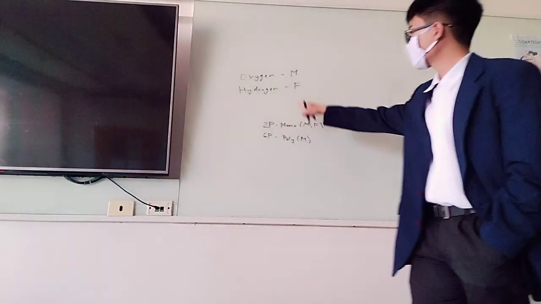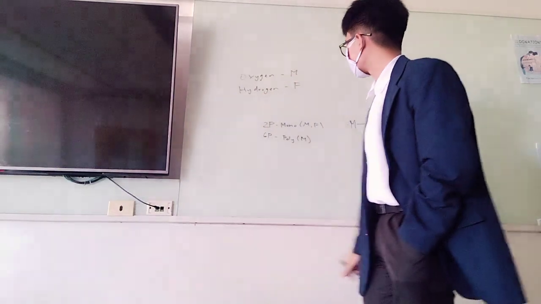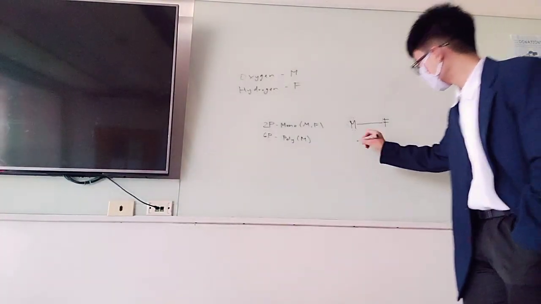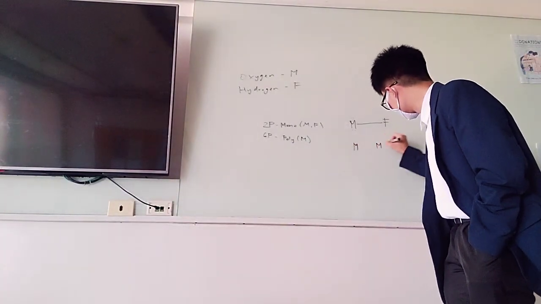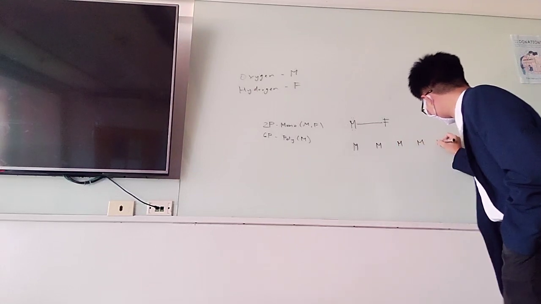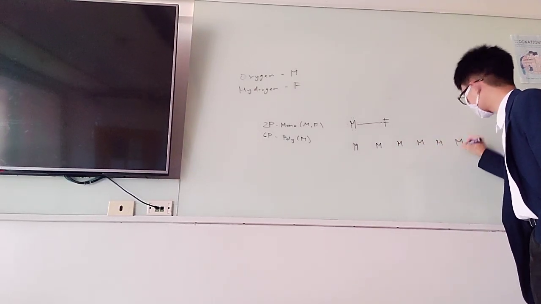Each M corresponds to oxygen, so that means it has 6 valence electrons. So let's write it out. M, 2, 3, 4, 5, 6.